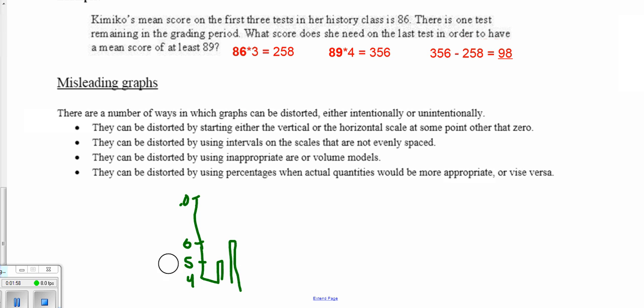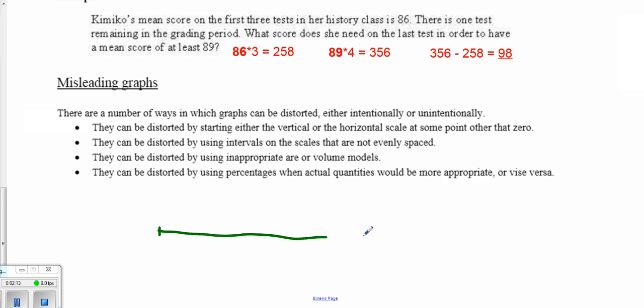So starting at a point other than 0 is a good way to fool people or distort the data to make it look one way or another. If we use intervals of scales that are not evenly spaced, it's the same kind of idea. If we have a big number line here and we space them something like this, now let's say we had 0 and 10, or what we'd think would be 0 and 10.